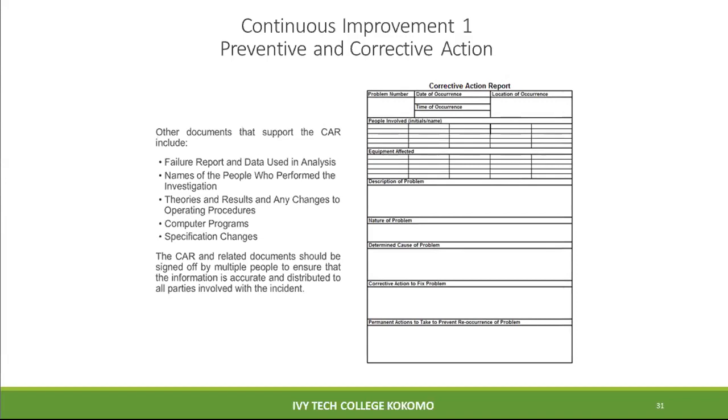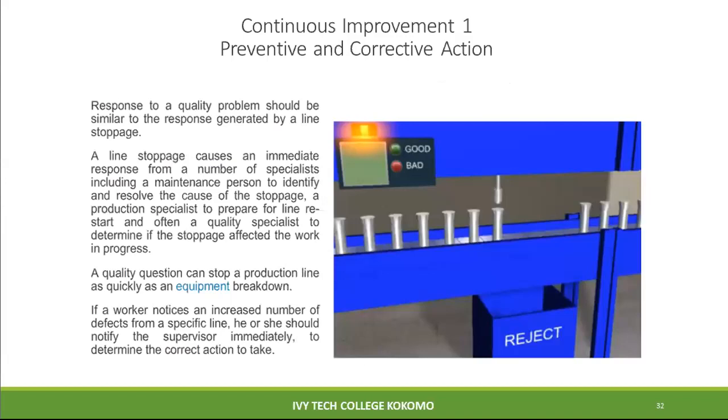And when multiple people get involved, they need to share that information. Okay? Responding to a quality problem can be just like stopping the line. Okay? If there's a quality problem and that quality is lacking, you have to stop the line because you need to resolve that quality issue.